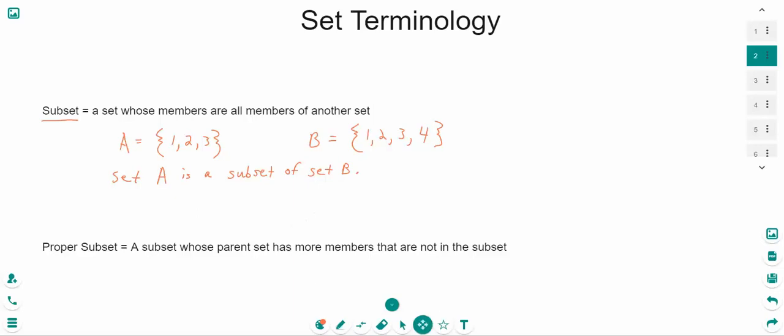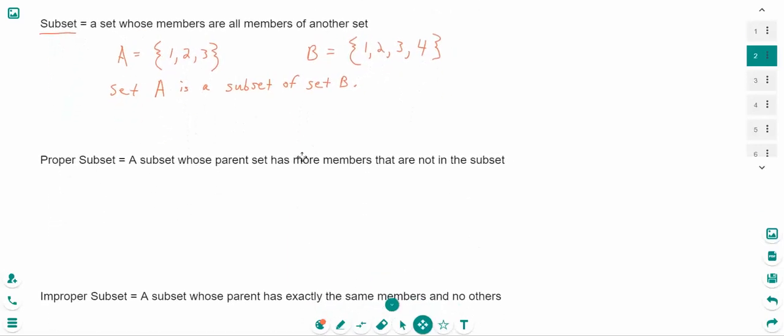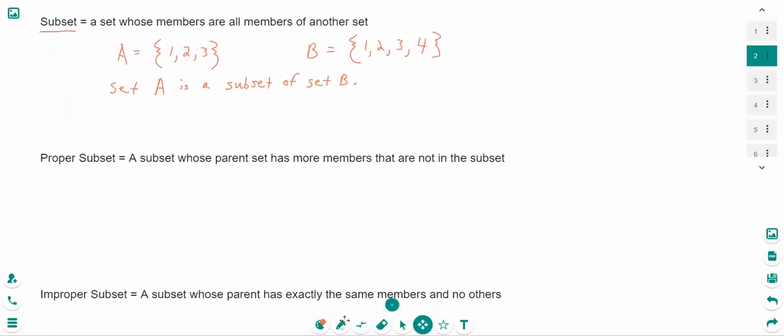To add to that, let's take this one step further. The next definition here is what's called a proper subset. Now, a proper subset is simply a subset whose parent set has more members that are not in the subset. So again, it may sound confusing when you just look at the definition, but let's look at an example. If I have set C, and let's say set C is equal to 2 and 3.